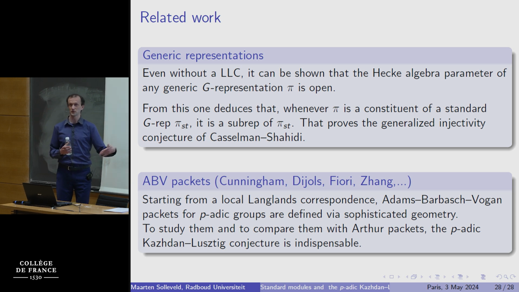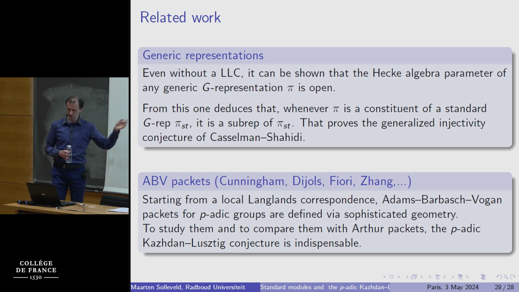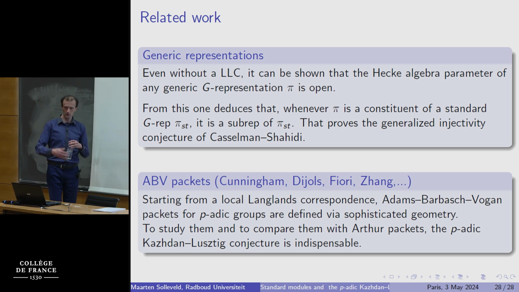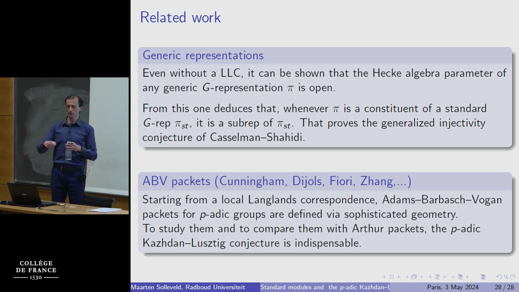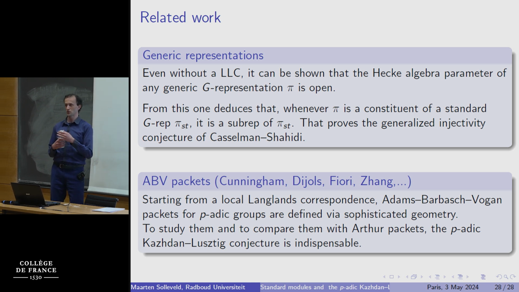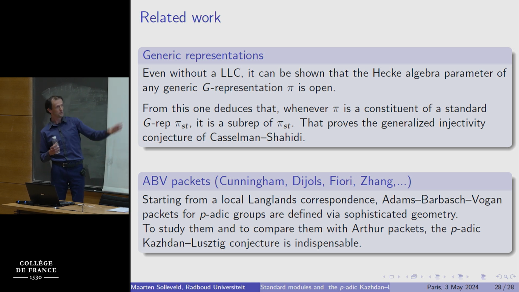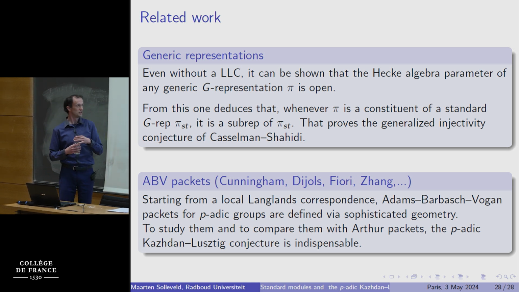And people have then tried to prove that these Adams-Barbasch-Vogan packets are the same as Arthur packets. The definition of these ABV packets is in similar terms. You must also use the complex geometry of this vector space of nilpotent elements endowed with an action of a suitable reductive group. But then you must use further algebraic geometry, which is further away than I ever got in algebraic geometry. So I don't understand very well what they do there.